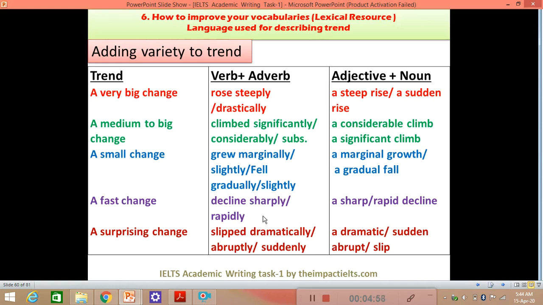So a sharp, rapid decline, a sudden decline we can use, because it's really difficult to differentiate between these two. There is a surprising change. Perhaps when something is increasing and all of a sudden it slipped: dramatically, abruptly, or suddenly. These expressions are really important for you. A dramatic, sudden, and abrupt slip.